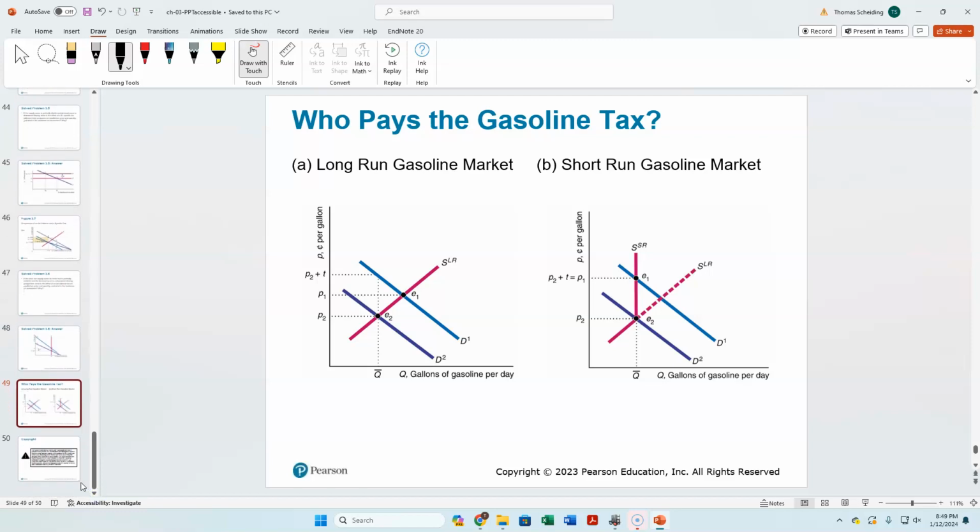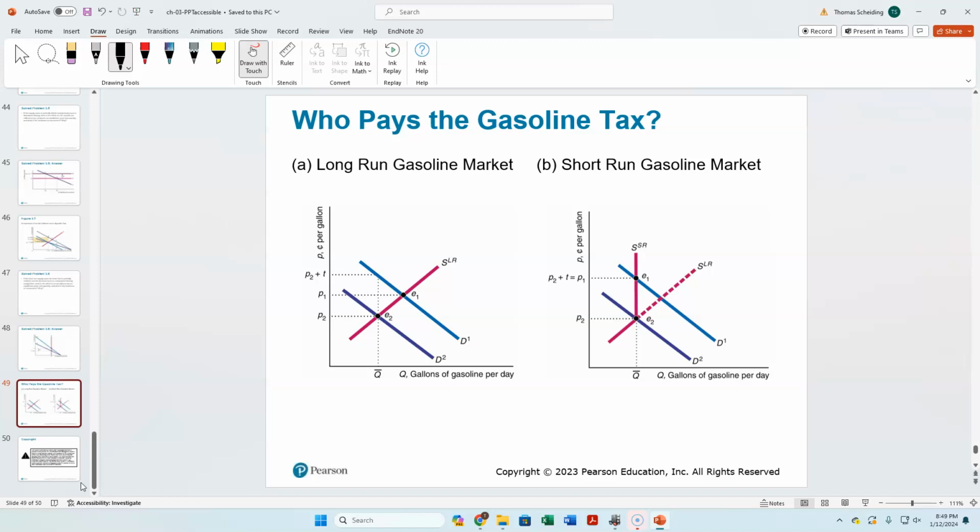And one of the other things we know then in terms of the gasoline tax, in terms of who pays it, we can see that it matters whether we're talking about the short run and the long run. Because in the long run, the supplier can change their supply, right? They can just leave the oil in the ground. But in the short run, they're going to have to get rid of it.